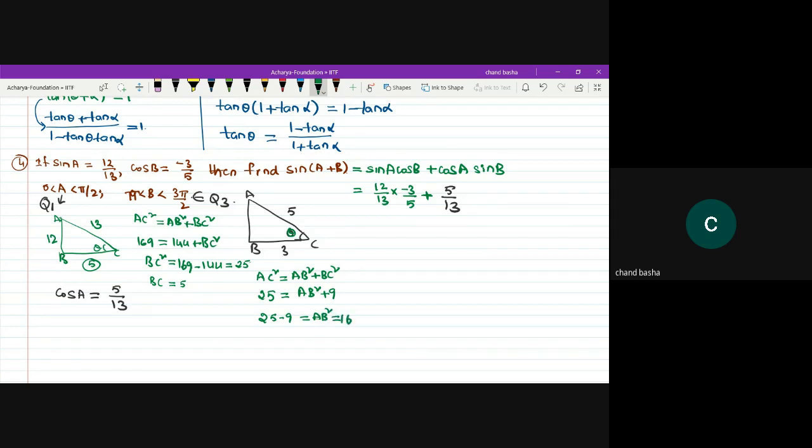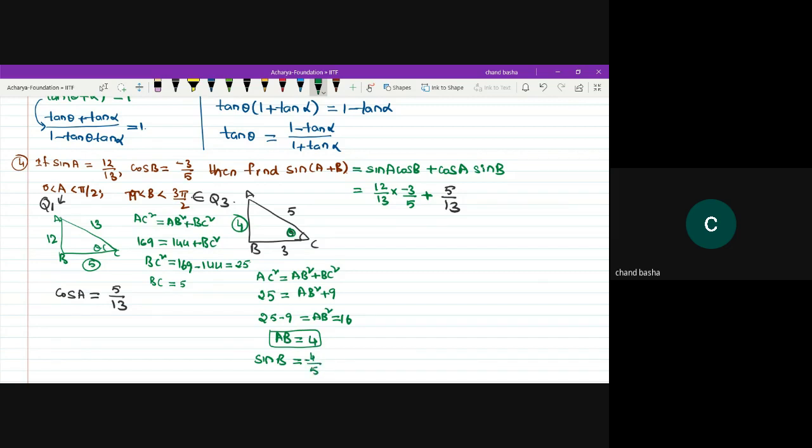From this, AB value is 4. And he's asking for sine B. Sine theta is AB over hypotenuse, that is 4 divided by 5.